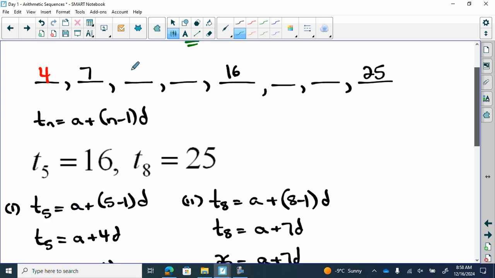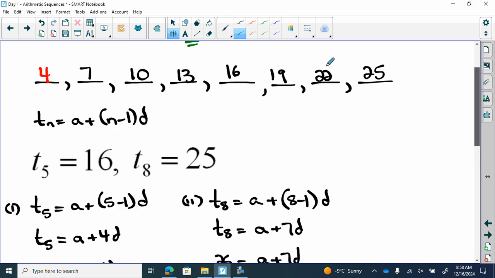So what's this going to be? What's this? 16, it holds. What's this? 22.